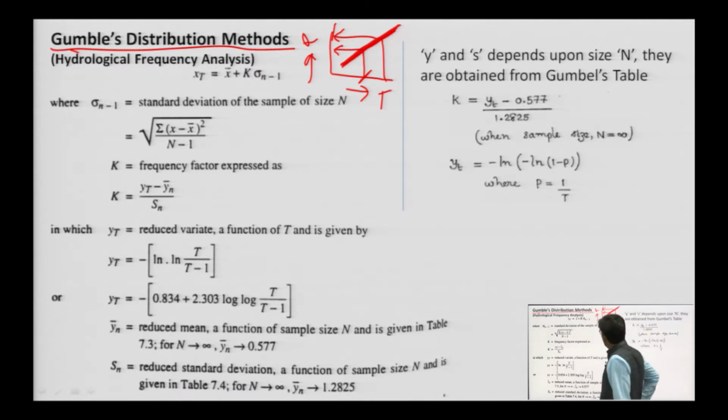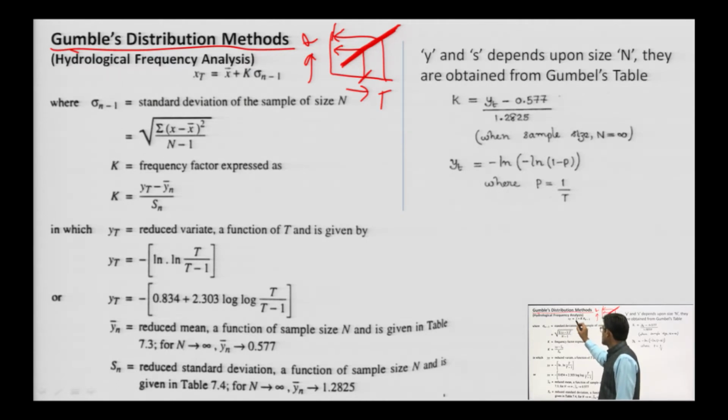So, how is the data at different return periods calculated? Let us talk about this method. xt is the flood discharge event which occurred in the time interval, in return time t.